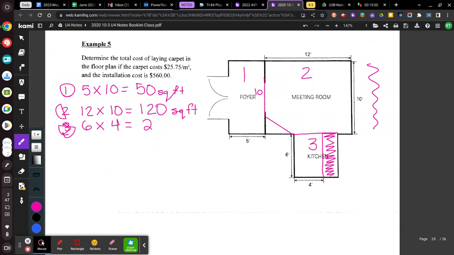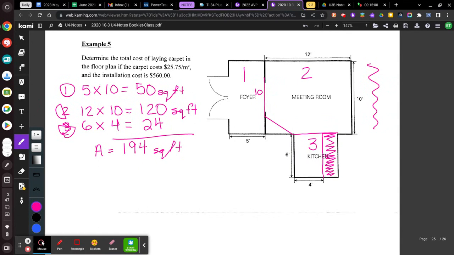And now we have to add them up. So now we need to get the total. Total area is going to be 194 square feet. And now we need to convert. So that was the first step.